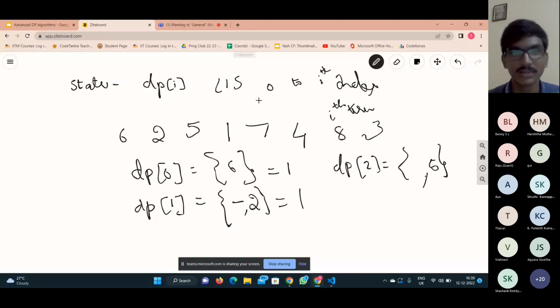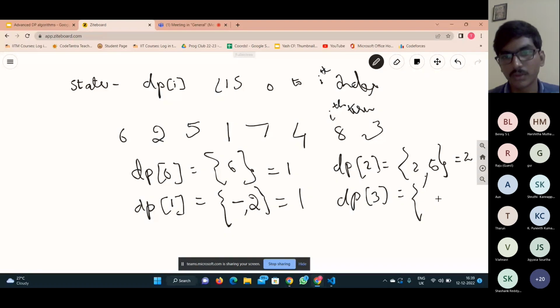We have one term less than 5, which is 2. So DP of 2 is 2. Look at DP of 3. We should definitely have the third indexed term, which is 1, and we don't have any numbers less than 1 from 0 to third index. So DP of 3 is 1, and so on.